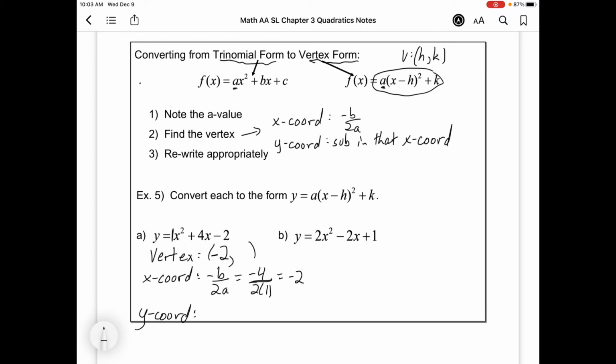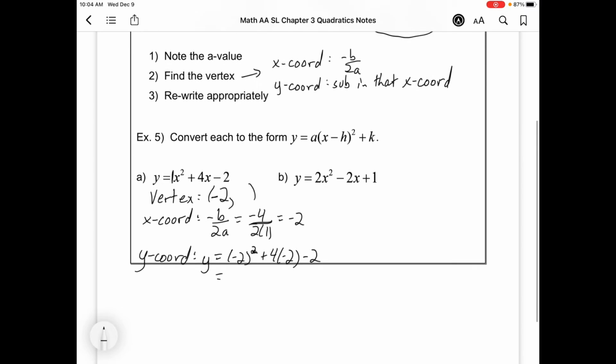The y-coordinate of the vertex, I'm just going to sub in negative 2 into this function. So I'd have negative 2 squared plus 4 times negative 2 minus 2. Let's just follow that through. So y is going to be 4 minus 8 minus 2, or negative 6.